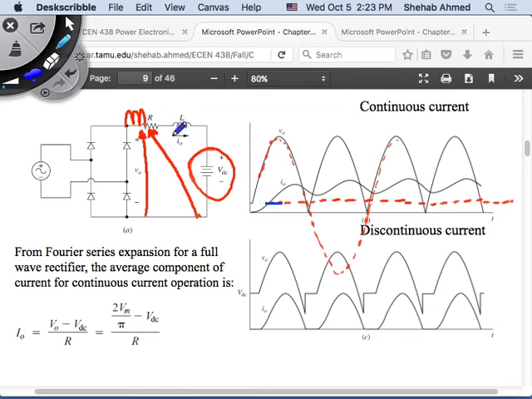If current is not flowing in this circuit, what does the output voltage look like? The output voltage is the voltage across the R, L, and the source together. What does the output voltage look like if the current is not flowing in this circuit?